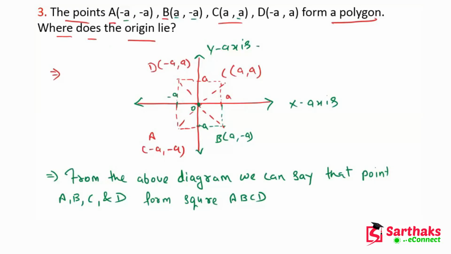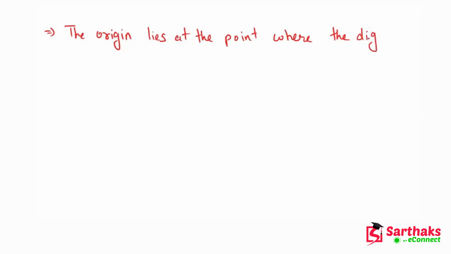So we can say that the correct answer is: the origin lies at the point where the diagonals of the square intersect. Okay, I hope you understand these things, my dear friends.